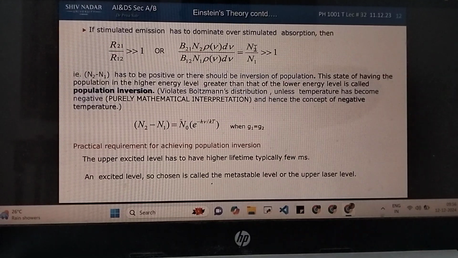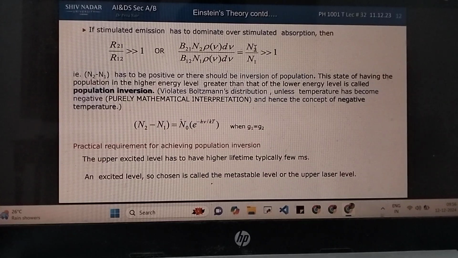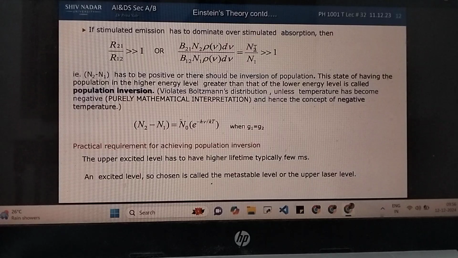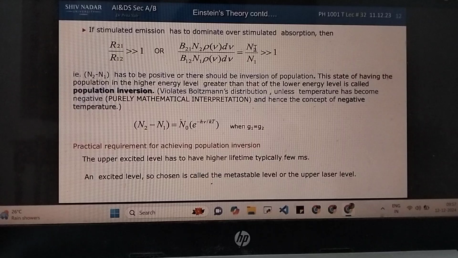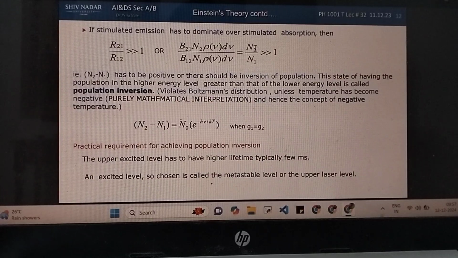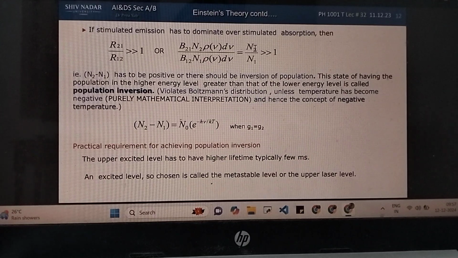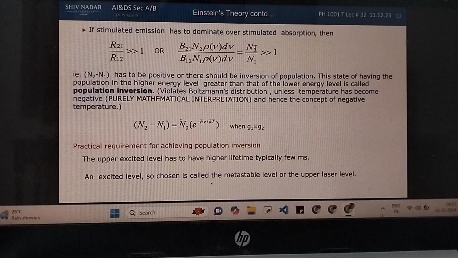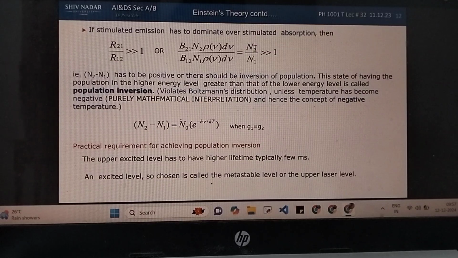What does this mean? The number of electrons in the higher energy level should be much greater than the number of electrons in the lower energy level. Now that technically should not make sense. That should sound like an incorrect statement, because of the Pauli exclusion principle and all that stuff, and even just intuitively, the lower energy levels are filled first and then only the higher energy levels start getting occupied.